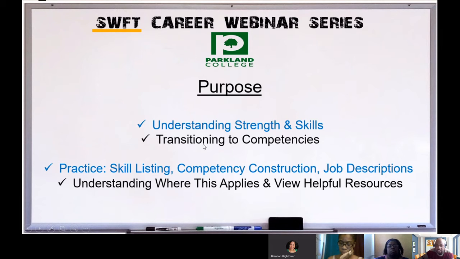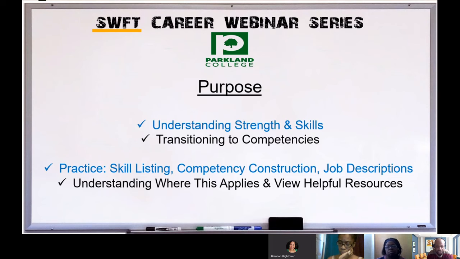Transitioning to the idea of competencies, which is when you combine hard skills and soft skills, it's sometimes better to list them as competencies because they have a more technical feel to them when they're read on paper. We're going to take a look at that.